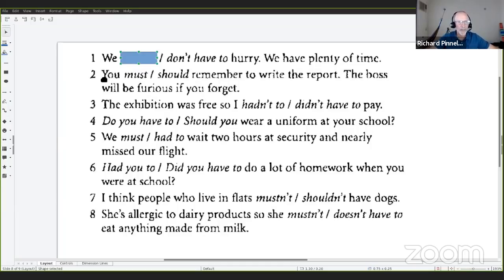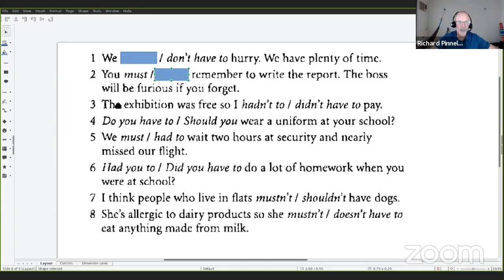Good. Number 2, you must remember to write the report. Yeah, very good. Must. So, what's happened with that thing? I can't do it there. So we're going to cross out should. Yeah. You must remember to write the report.